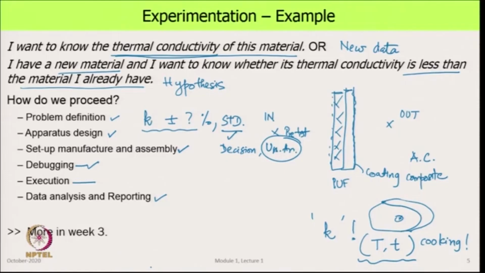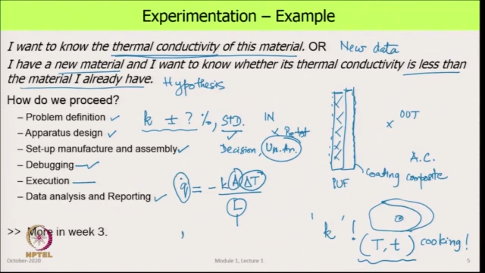Plus, it is also a very simple thing in that we have only one formula that is coming from the heat equation, which is based on Fourier's law, that heat transfer rate is Q dot equals minus K A delta T upon L. How do we measure? This has to be measured, this has to be measured, this has to be measured, and so here we have instruments to be used, how to measure it, establish its uncertainty, and this has to be measured.